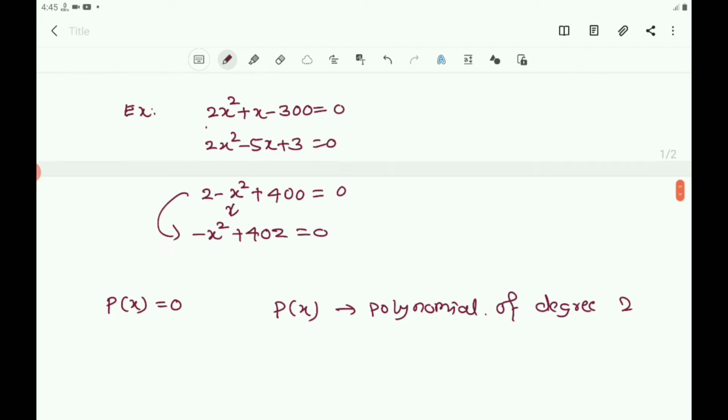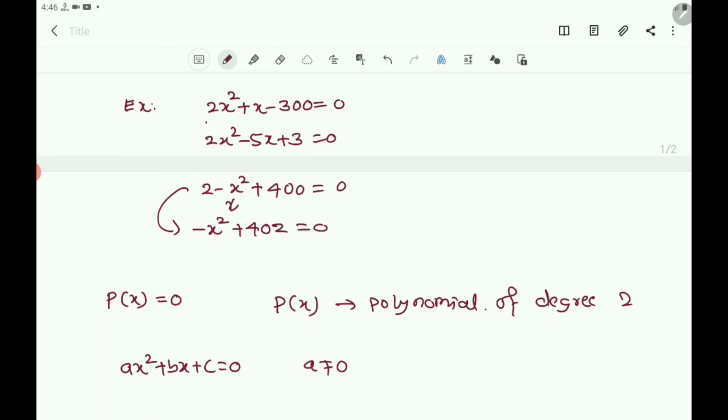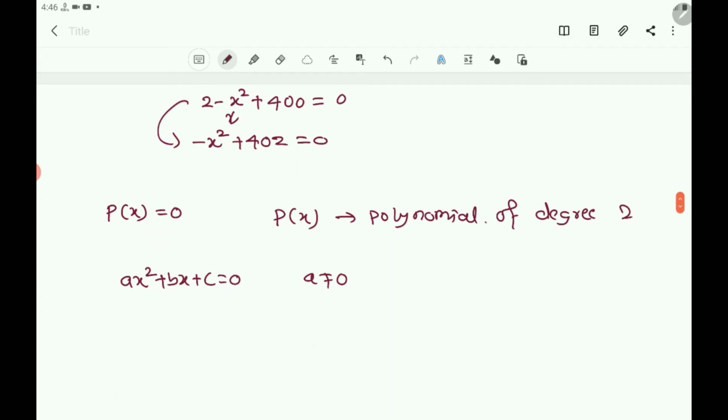But when we write the terms of P of x in descending order of their degrees, then we get the standard form of the equation, that is ax square plus bx plus c equals 0, and a is not equal to 0. What is the standard form of the quadratic equation?